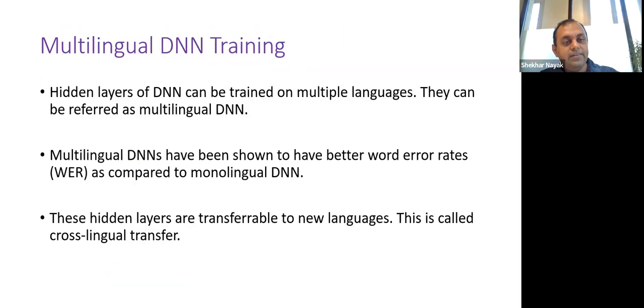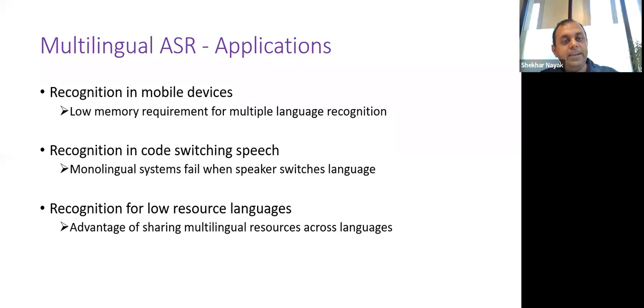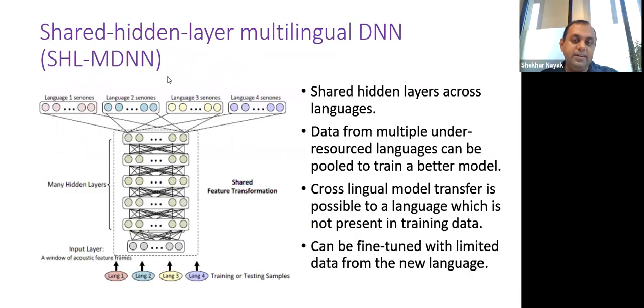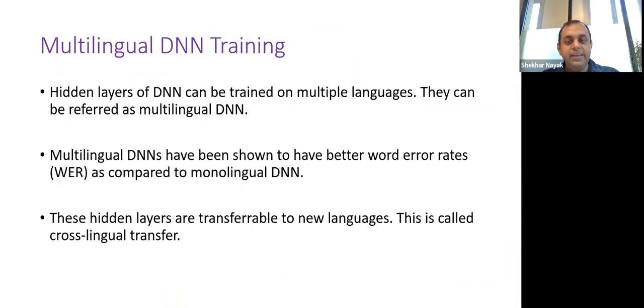So going into how multilingual speech recognition is built. An example of a famous multilingual speech recognition model is multilingual DNNs, or shared hidden layer multilingual DNNs, SHL-MDNN, which is a popular architecture introduced in 2013. Basically, you have hidden layers of a deep neural network which are trained using multiple languages.